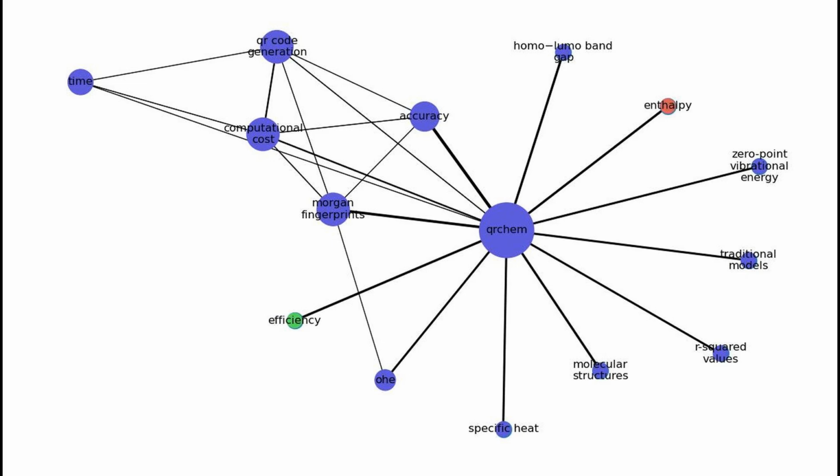This suggests that while QRChEM is powerful in its predictive capability, it currently requires more time and resources to produce the necessary input data. Overall, QRChEM stands out for its superior accuracy in property prediction, while revealing a trade-off with increased computational costs in the QR code generation process.